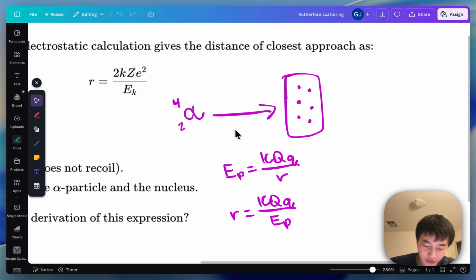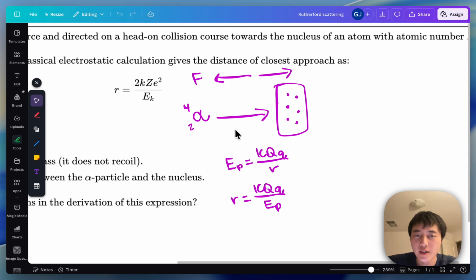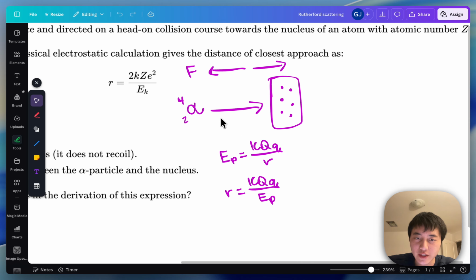The force will be this way because it would be repulsive. Theoretically, when velocity equals 0, that's when it's going to be closest. Actually, it doesn't receive a constant force because the distance changes, but the idea is when velocity is 0, that's the closest approach. When velocity is 0, all of the kinetic energy has been transferred to potential energy.